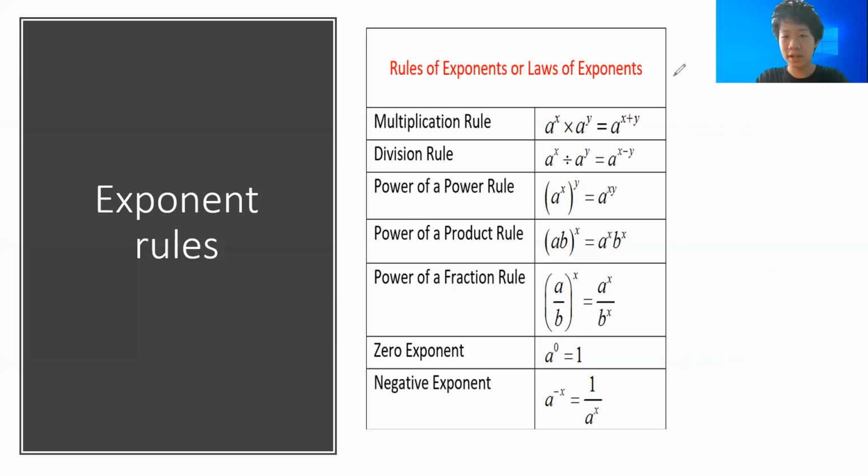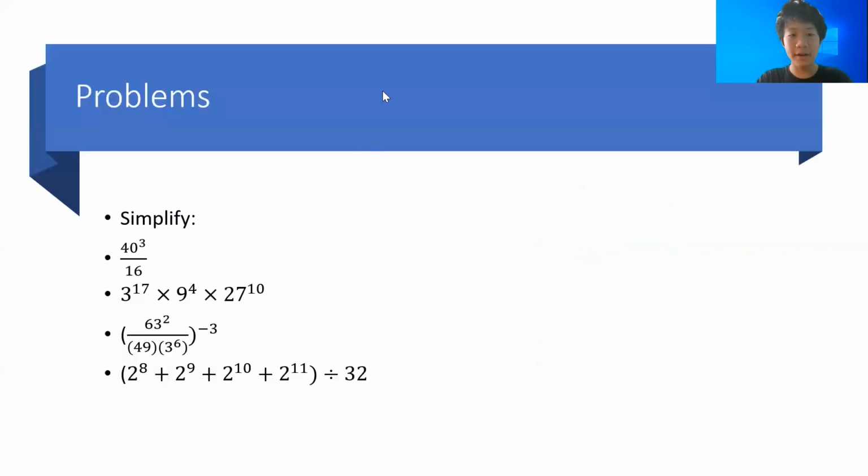All right, so the exponent rules are basically the general rules you're going to be using for exponent problems, and you're just going to have to apply these rules to simplify complex expressions of exponents. So let's do a few problems here.